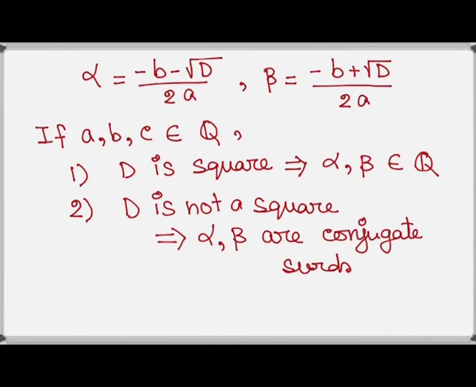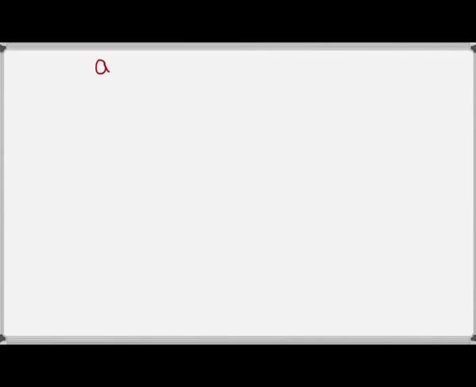Okay. Now let us assume a, b and c, all of them are real numbers, and our standing assumption is a is always positive. So let us note a few facts here.